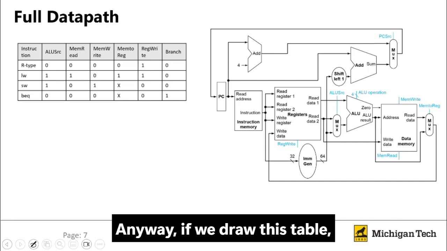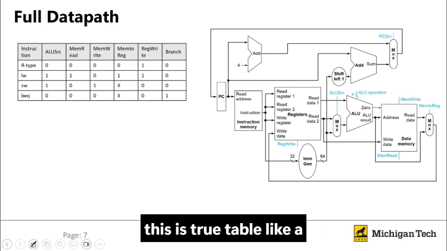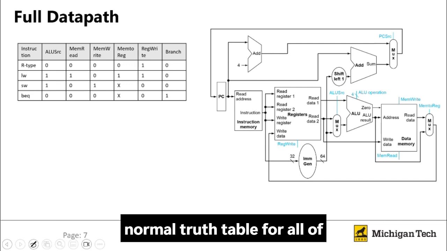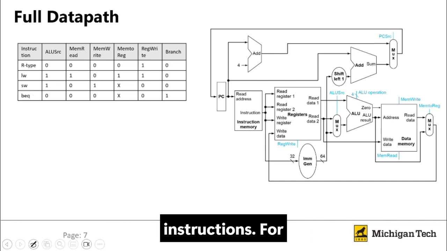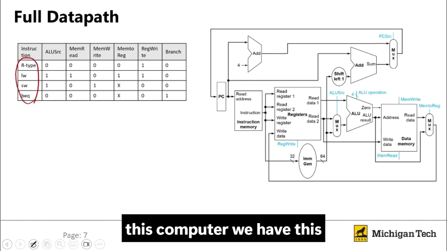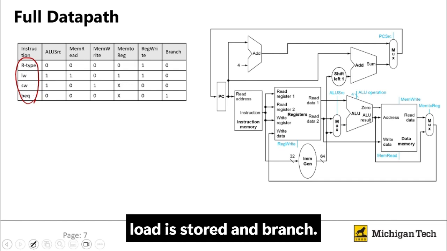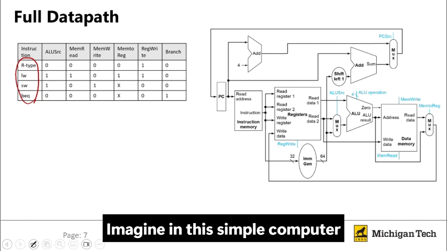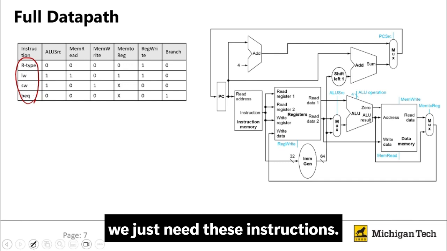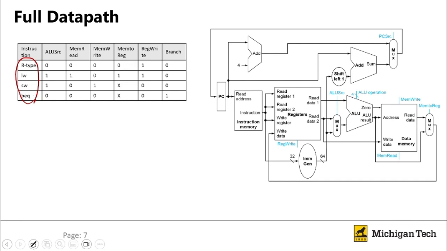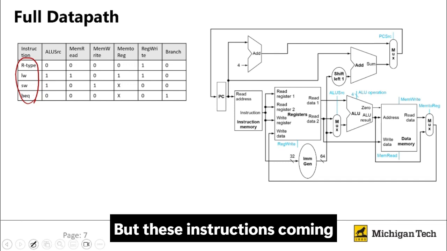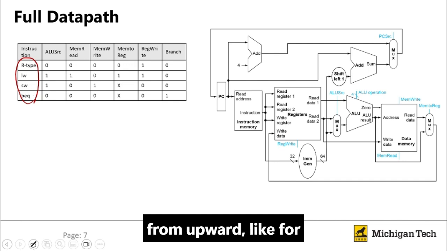Anyway, if we draw this table, this is a truth table, like a normal truth table. For all the instructions for this computer, we have these types: R type, load, store, and branch. Imagine in this simple computer we just need these instructions. But these instructions come from the opcode.